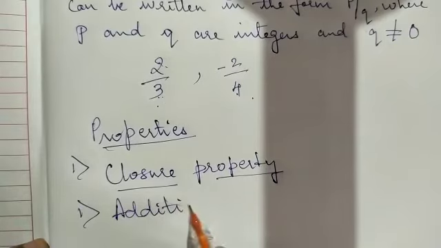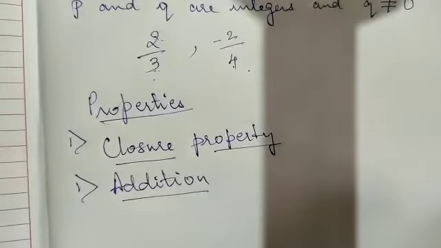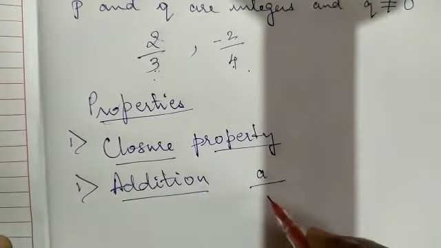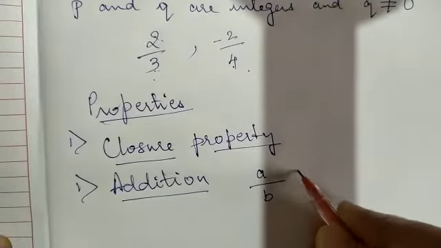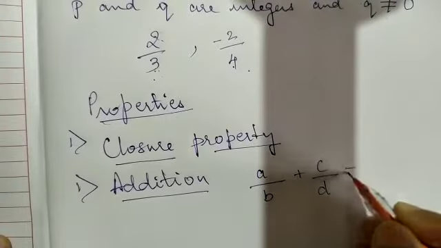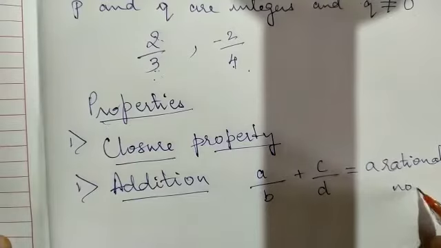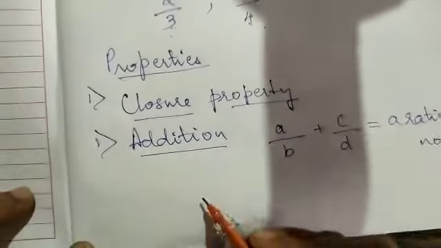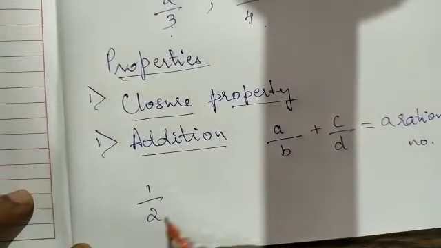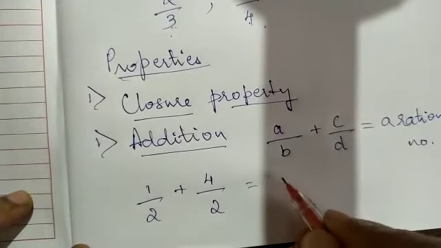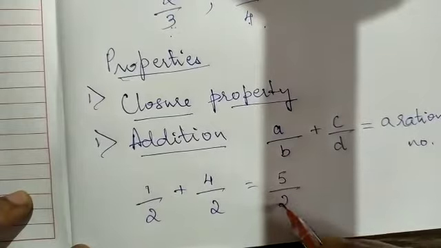Closure property means what? When we add any two rational numbers, we must get back a rational number. The general form is a by b plus c by d must be a rational number. For example, if I take 1 by 2 plus 4 by 2, I will get 5 by 2.